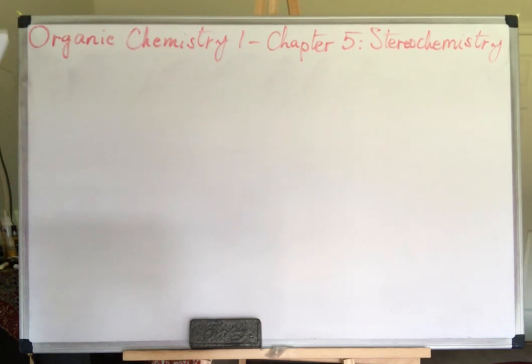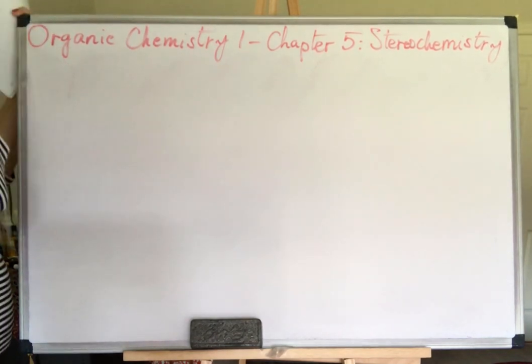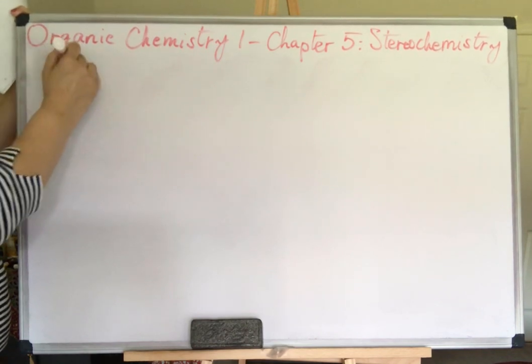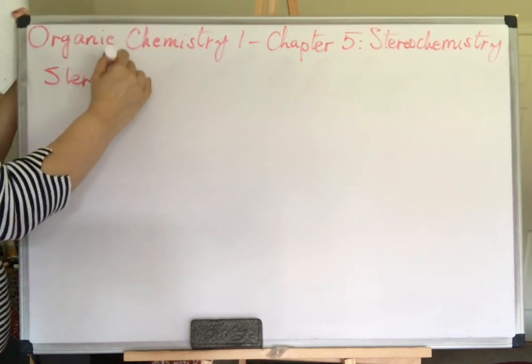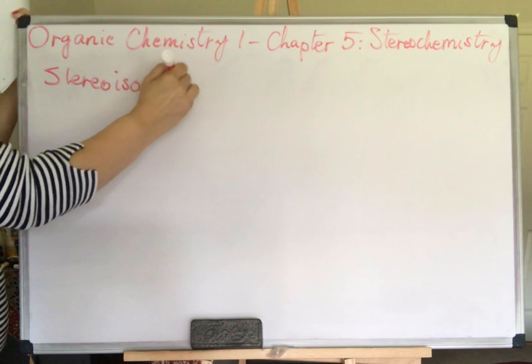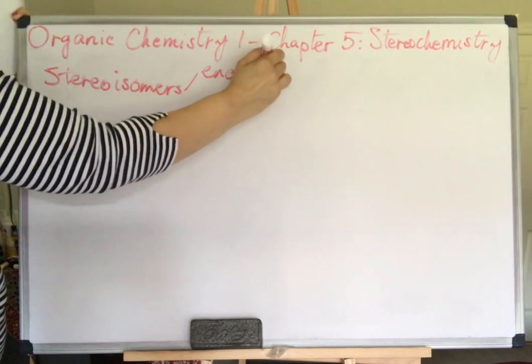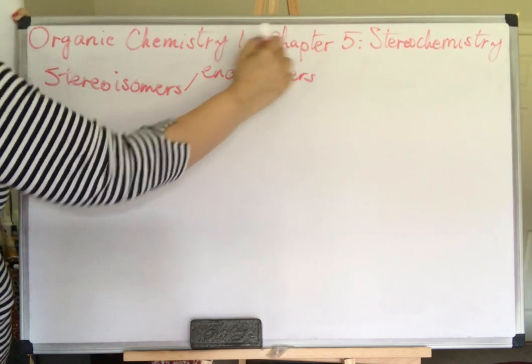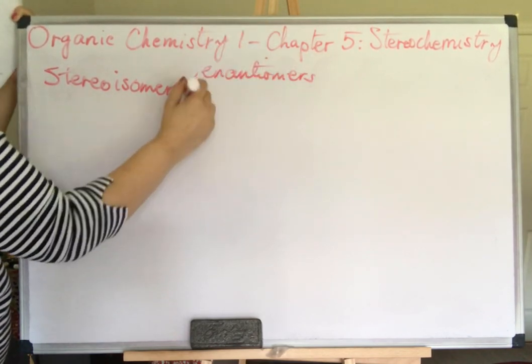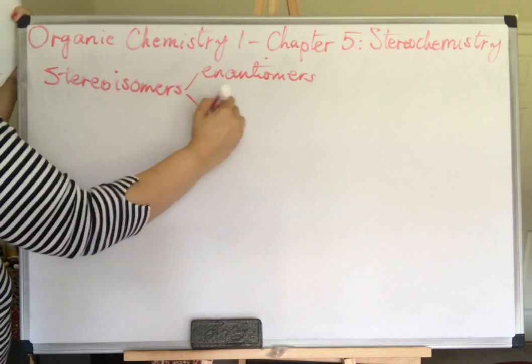The second type of stereoisomers, so far we learned about enantiomers. The second one are called diastereomers.